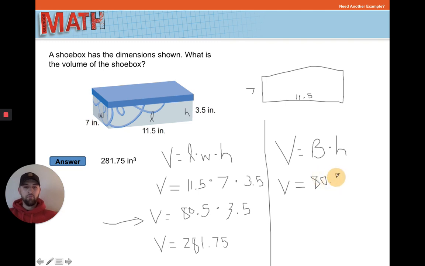Then we just take that again and multiply it by your height, because that's what the volume equation tells us to do. Again, we did this. These are the same steps. We're going to get the same answer, which is 281.75.